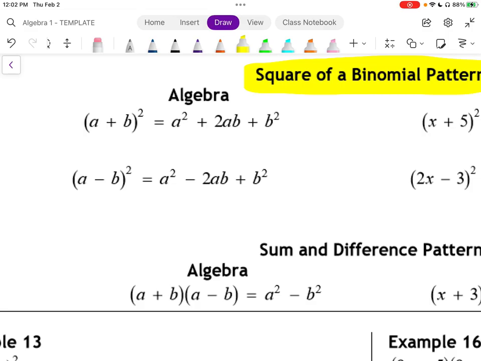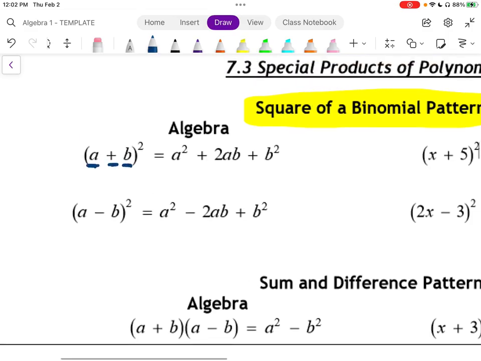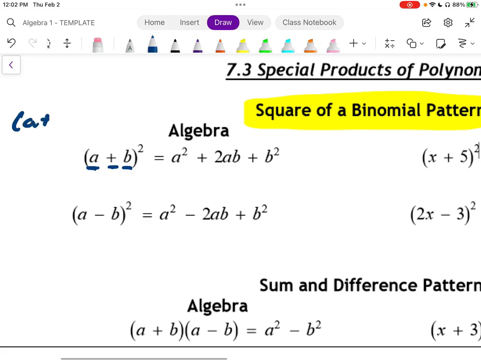Looking here at our rules, if it so happens that we have a plus b squared, that could have been written as a plus b times a plus b. To square means to multiply it by itself. If we notice that we have that pattern, we can square the first term, square the last term, then say 2 times the first times the last.